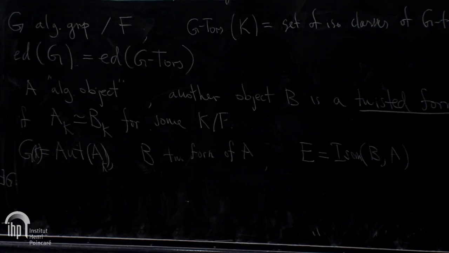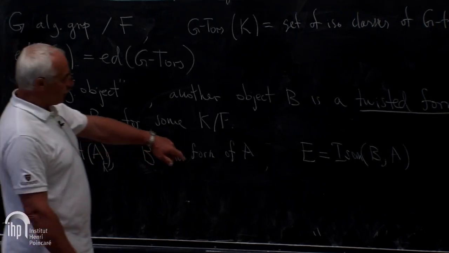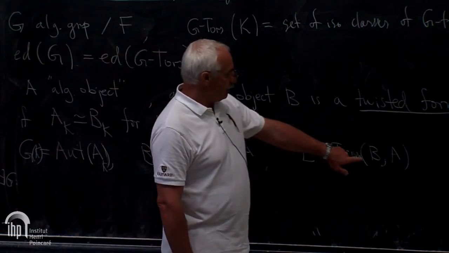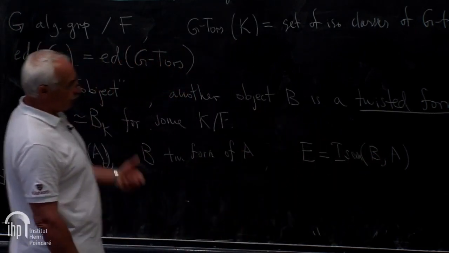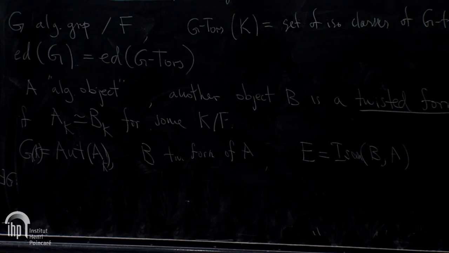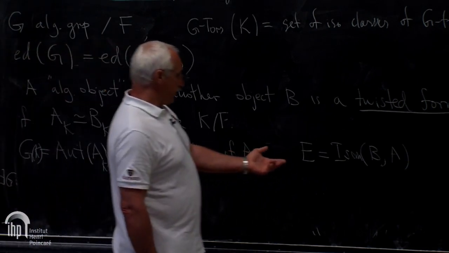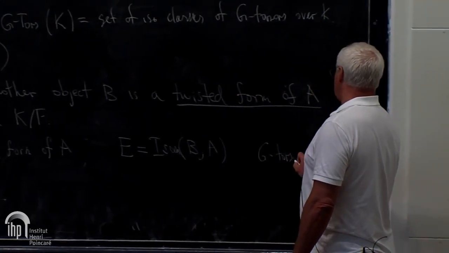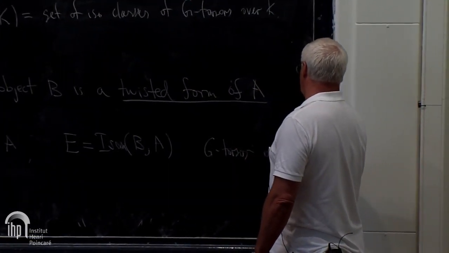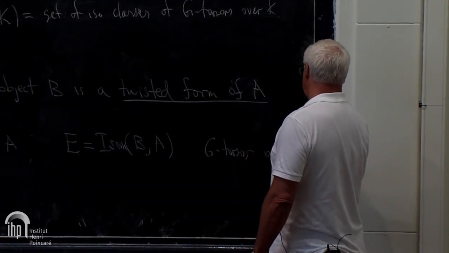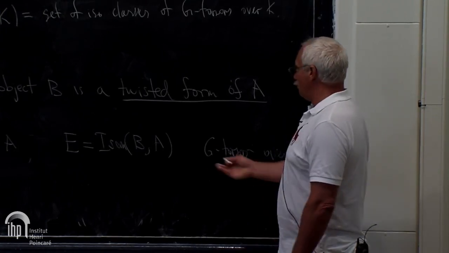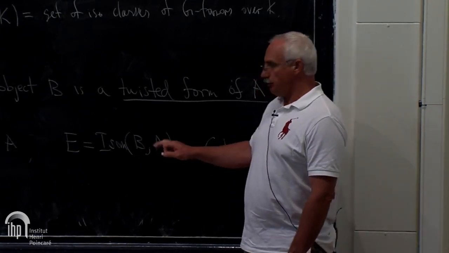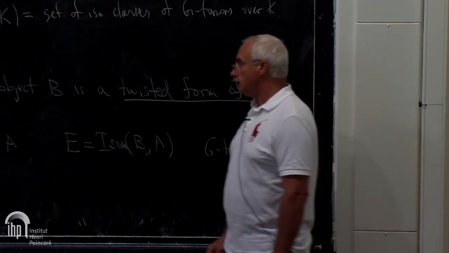Very often, again, there is a variety E such that the set of points of E over any K is the set of isomorphisms between B over K and A over K. And this is exactly a G-torsor over K, because any two isomorphisms between B and A differ by a unique automorphism of A.